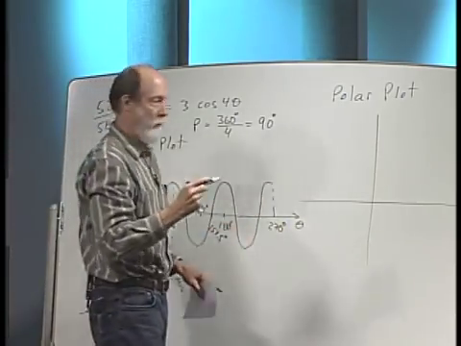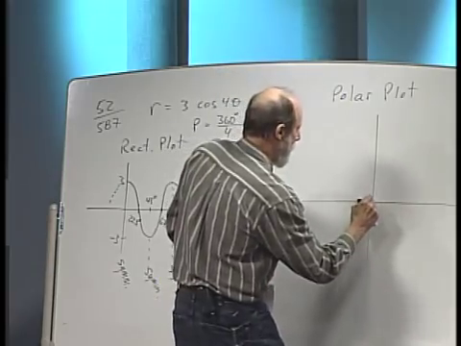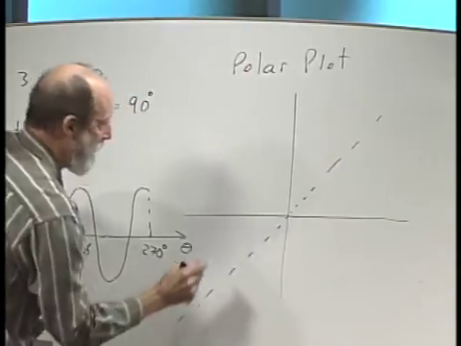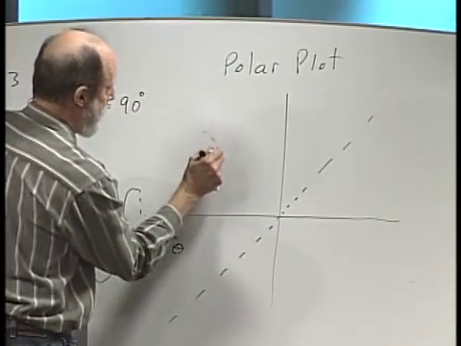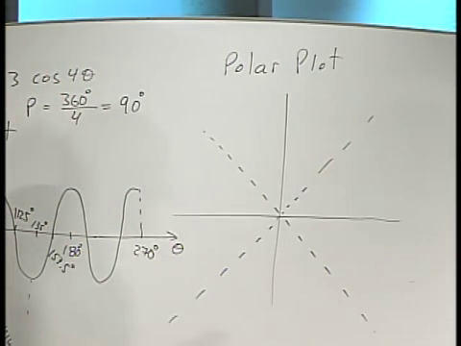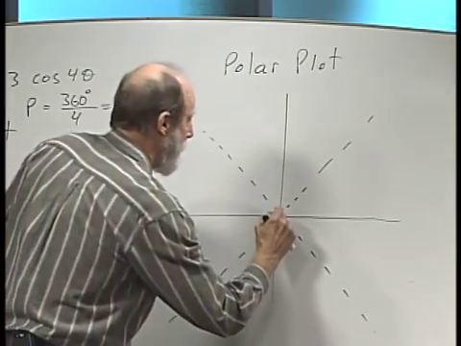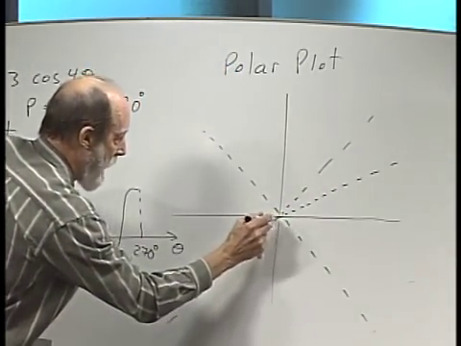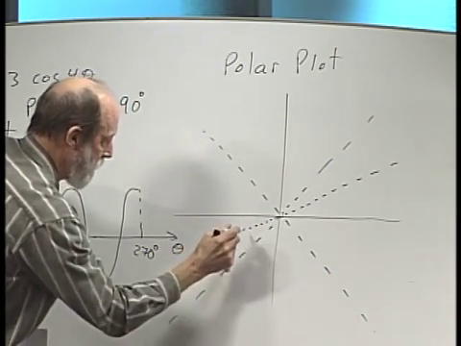So over here for the polar plot, I'm going to draw lines dotted at 45 degrees, because I'm pretty good at that. And then I'm going to split each of those in half to be able to get on the 22.5 degree cycles. 22.5 degrees right there. And that comes back down negative over this way. Whoops, that's not looking too good.